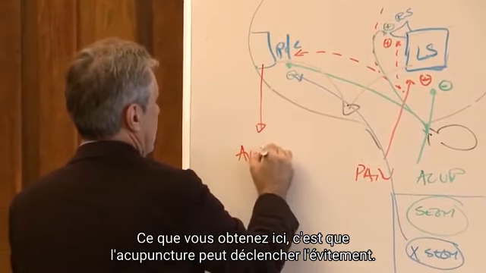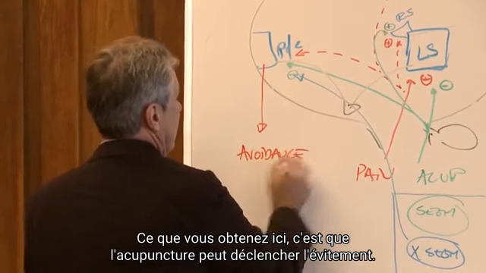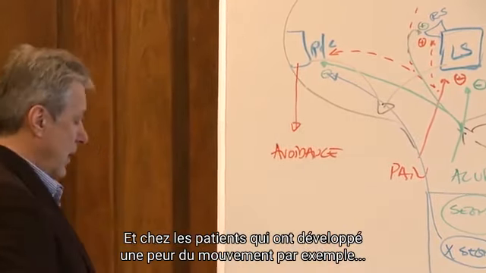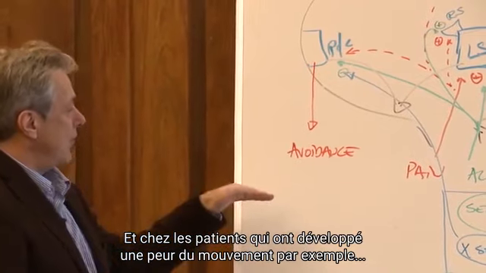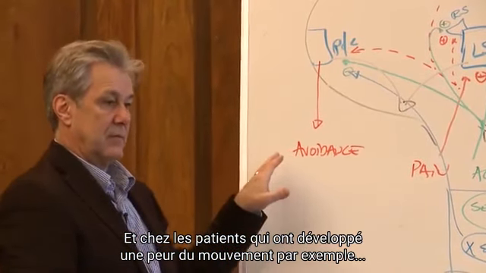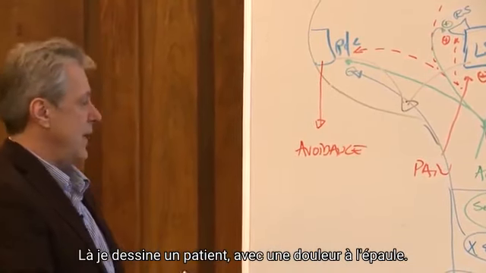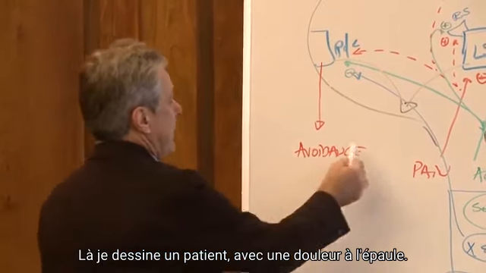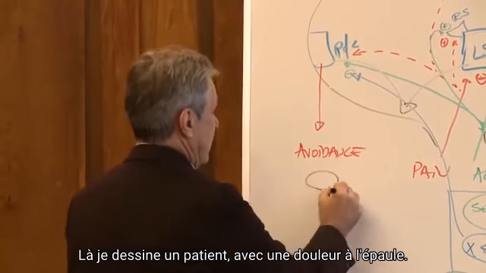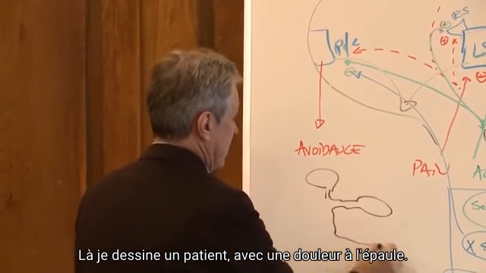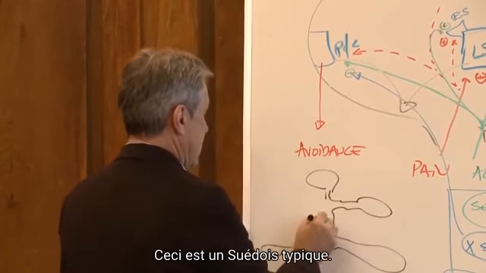So what you may have here is that acupuncture may trigger avoidance. And patients who have developed fear of movement, for example, so this would be the patient here, this could be the shoulder patient. This is a typical Swede.